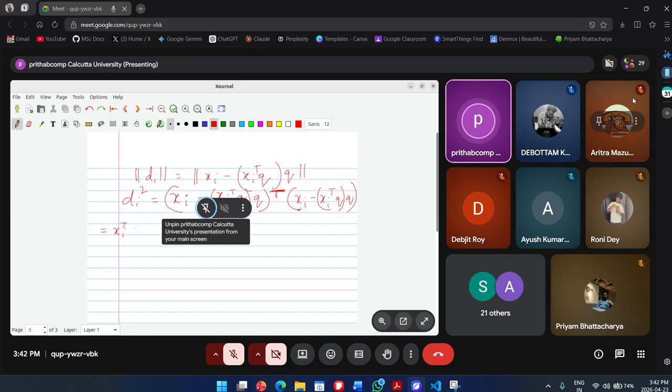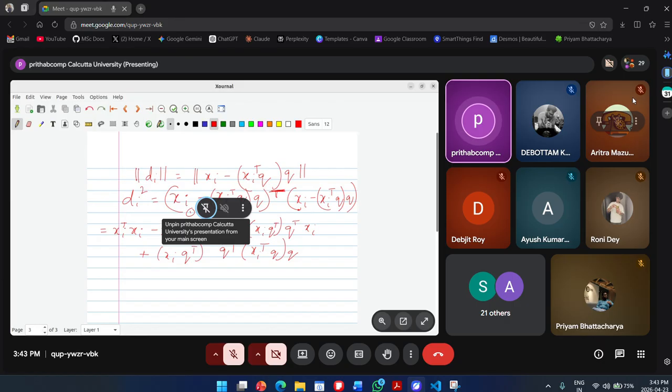So xi transpose xi minus xi transpose q into q, minus xi q transpose xi, plus xi q transpose xi transpose q into q.